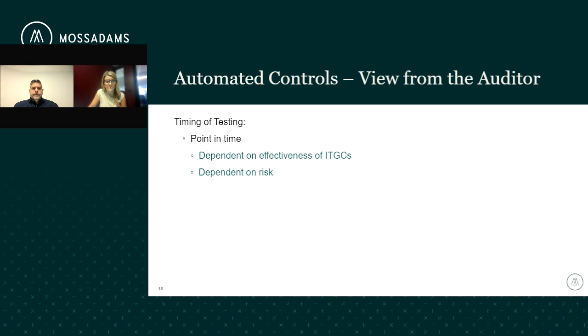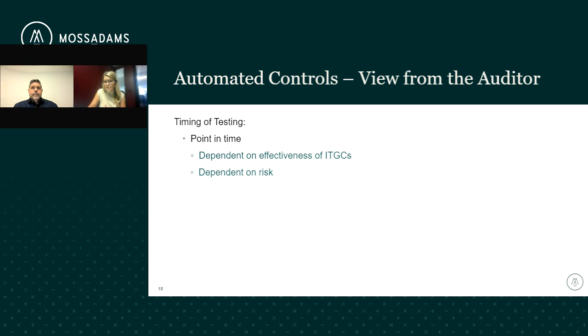The timing of our testing, of course, is point in time, and we do like to test ITACs earlier. And our approach is typically to then rely on the company's change management controls to gain comfort that any changes to the control itself or the application would have been approved and tested, and the control would continue to operate as designed for the remainder of the period.